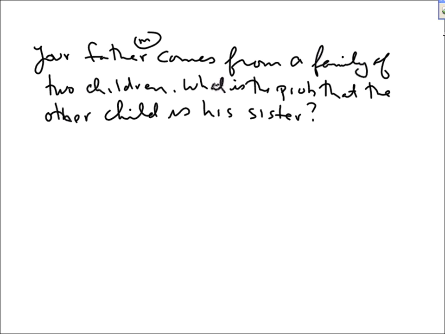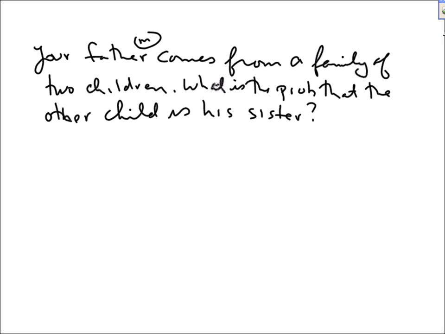Okay, so you're given that. This is a family with 2 children. And you are given that one of them is a man. You don't know if the man was the firstborn or the secondborn, but you guarantee there's a man.